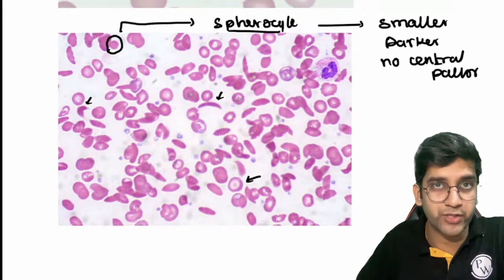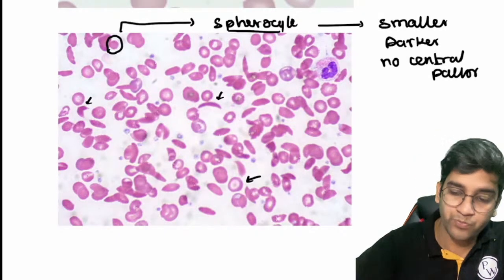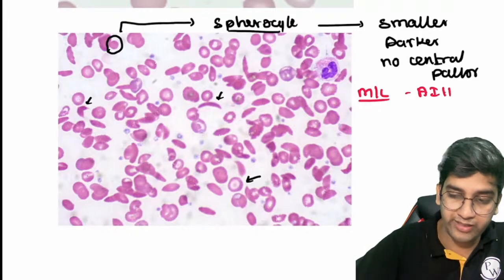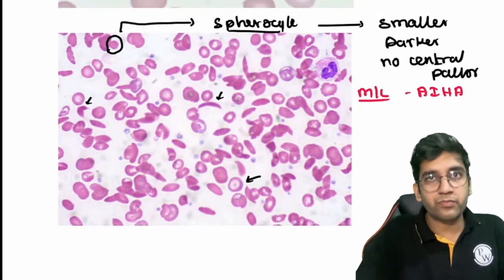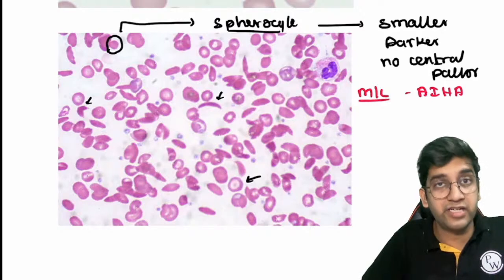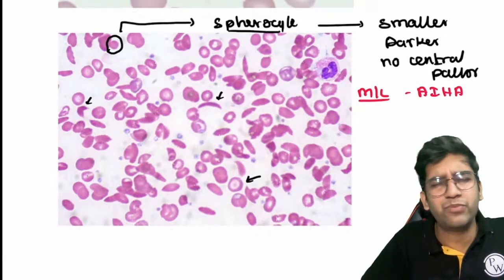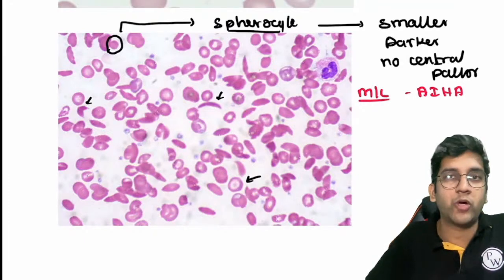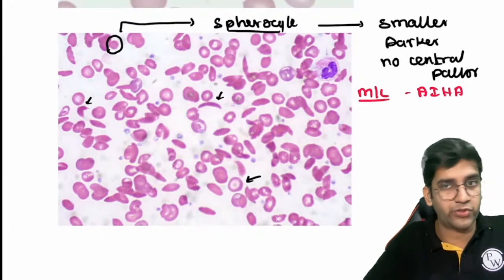That's how you pick up a spherocyte. First and foremost, the most common cause of spherocytosis is autoimmune hemolytic anemia, AIHA. Don't jump and write hereditary spherocytosis. It is absolutely rare. This is very, very common. Acquired disease is any day more common than inherited hereditary spherocytosis, right?